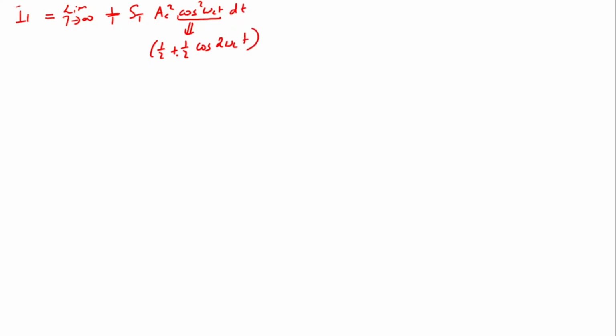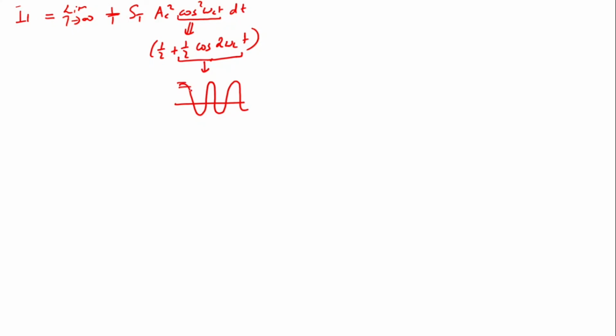In the first term, I1, we have the limit as T tends to infinity of 1 by T over time period T of Ac square cos square omega ct dt. Now this cos square omega ct is simply 1 by 2 plus 1 by 2 cos 2 omega ct, and within this is simply a cos function operating at twice the fundamental frequency.